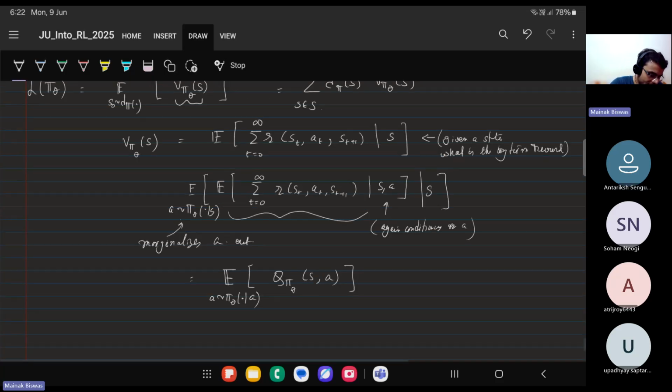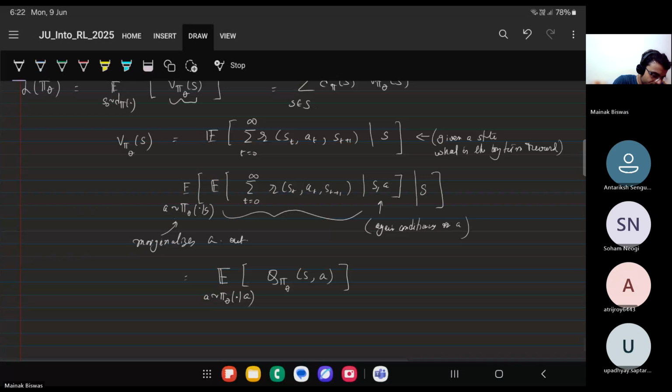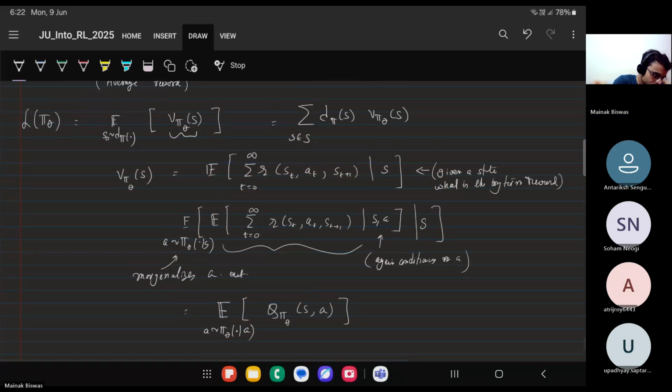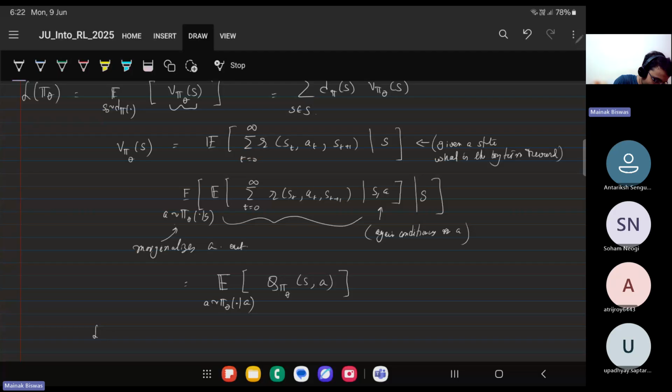A better, easier way to remember this is a trick. All the derivation is fine, but this is a nasty trick. You write this as summation of d pi of s, pi theta of a given s.